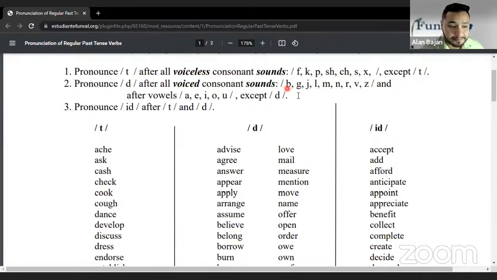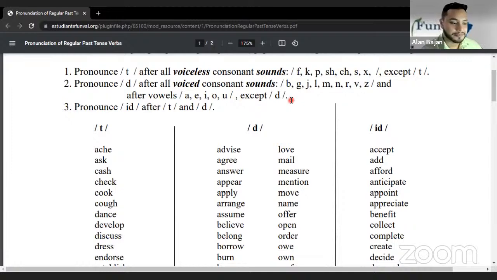Sound of B, G, J, L, M, N, R, V, Z, like zoom, and the vowels, A, E, I, O, U, except D.